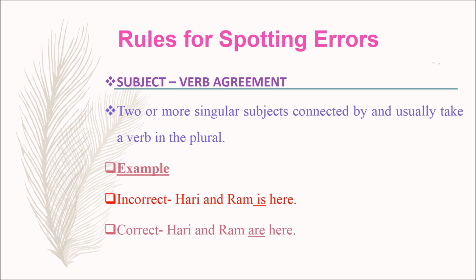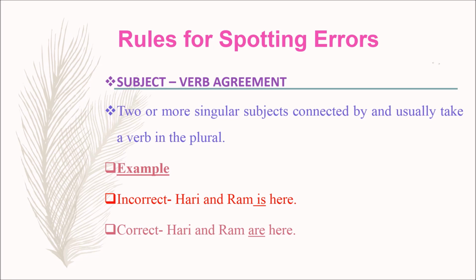Next, we are going to see rules for spotting errors. First, let's see subject-verb agreement. So the rule is two or more singular subjects connected by and usually take a verb in the plural. For example, Hari and Ram is here. It is incorrect sentence.